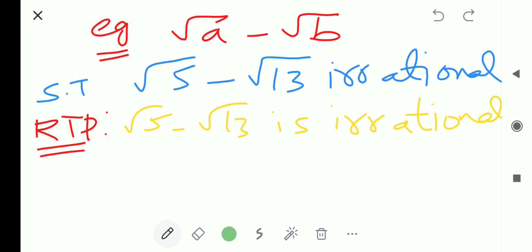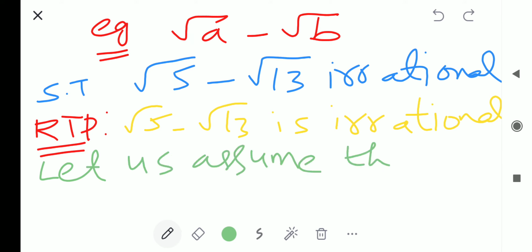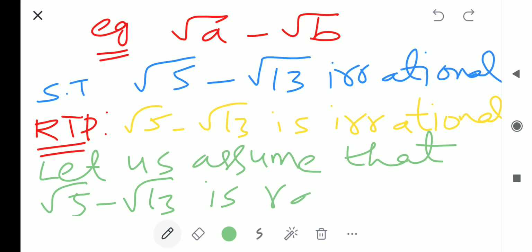For that we should approach indirect method of proof. So let us assume that root 5 minus root 13 is rational. Then let root 5 minus root 13 be p by q.